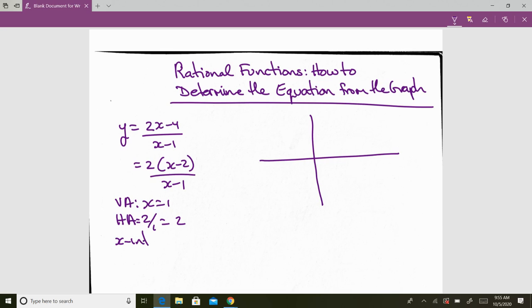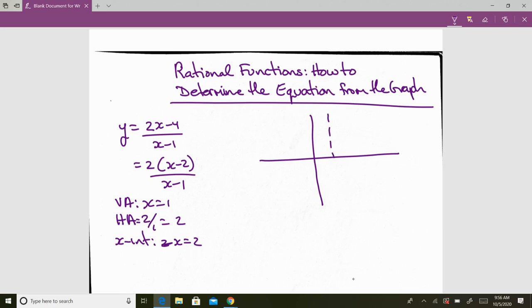X-intercept. How do you find the x-intercept? Make y 0, so really you're just looking at the top. In this case, it'll be x equals 2. Is that okay? All right, we're going to quickly sketch this.